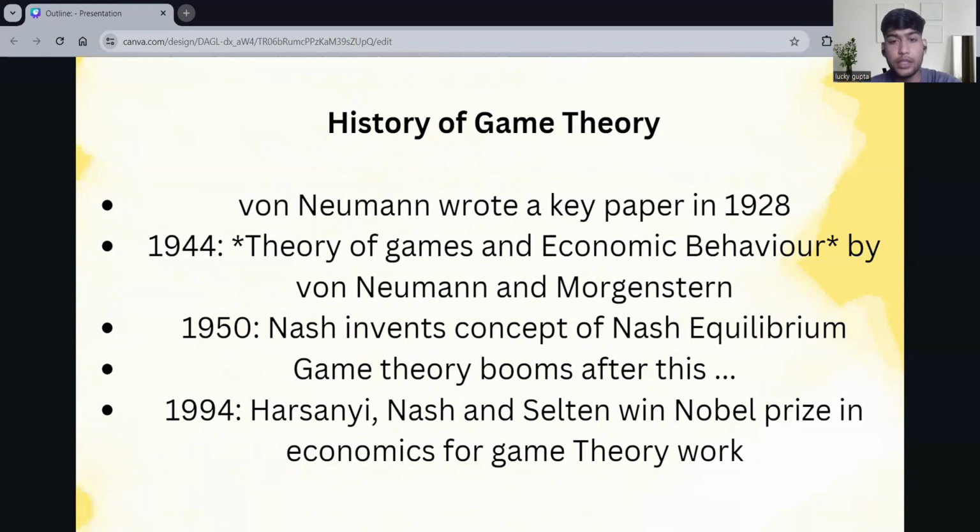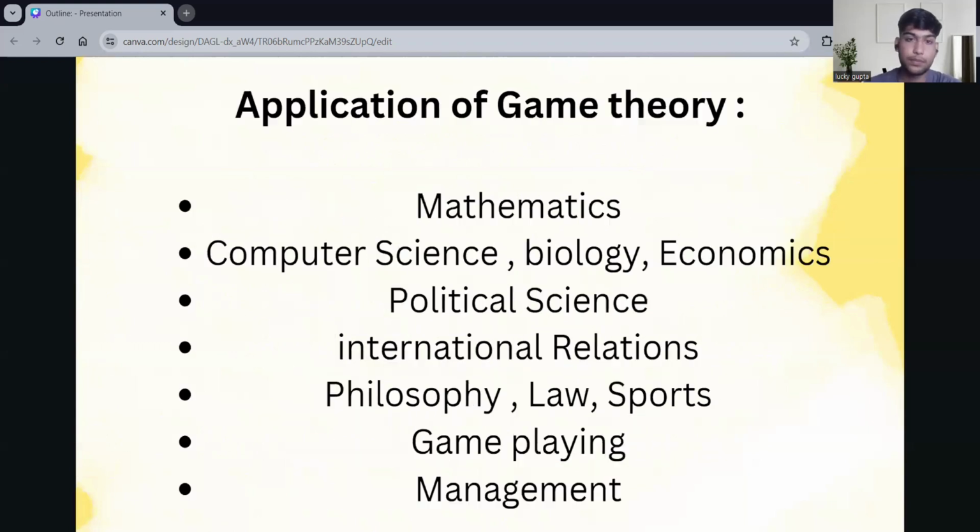In 1950, Nash invented the Nash equilibrium and other important concepts in game theory. In 1994, they received a Nobel Prize in economics for their game theory work. It is a very good way of taking decisions that maximize your profit, in real-life examples also.